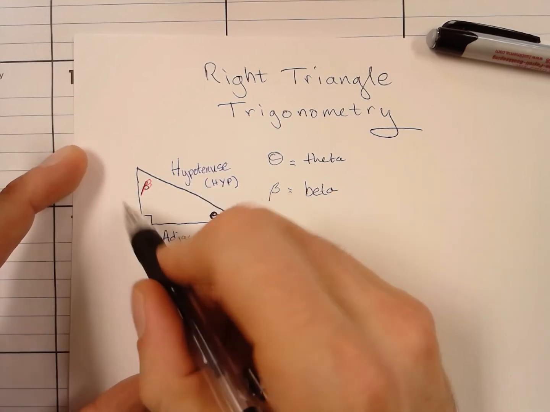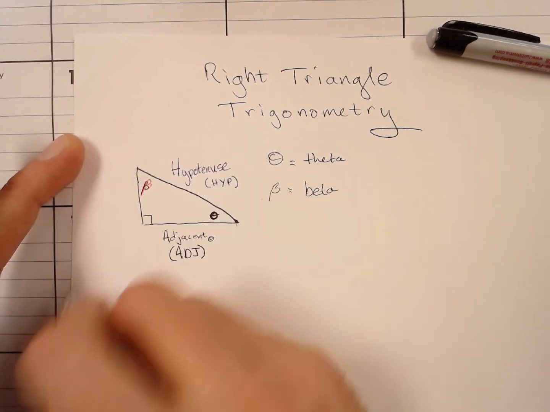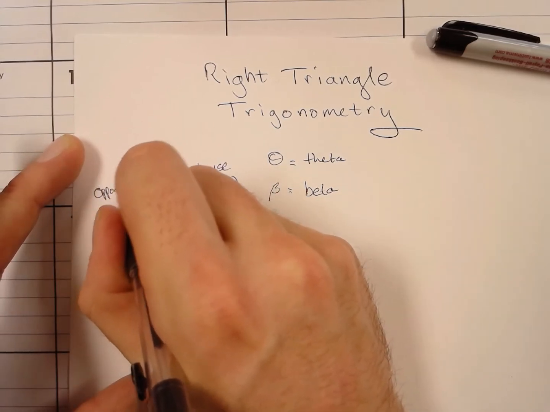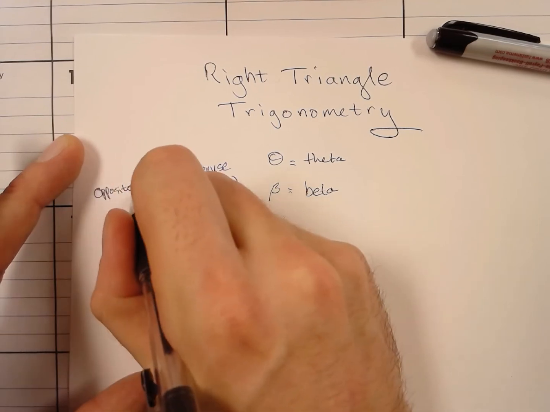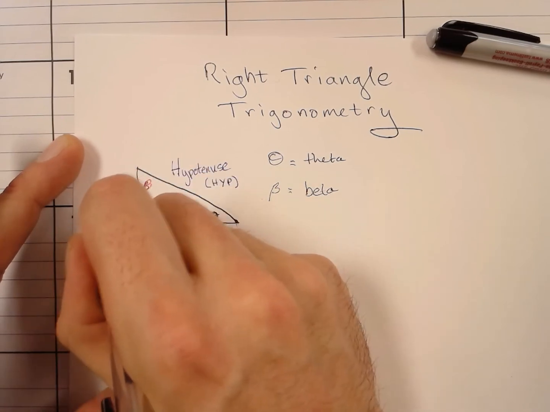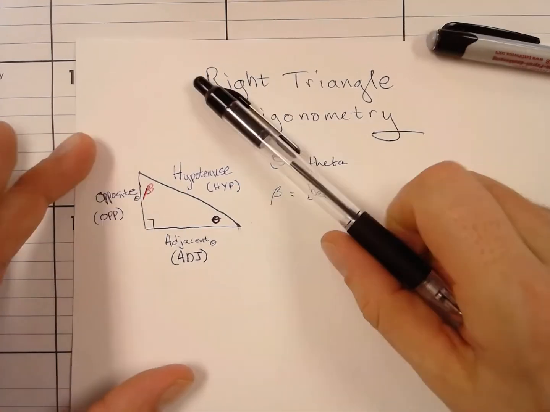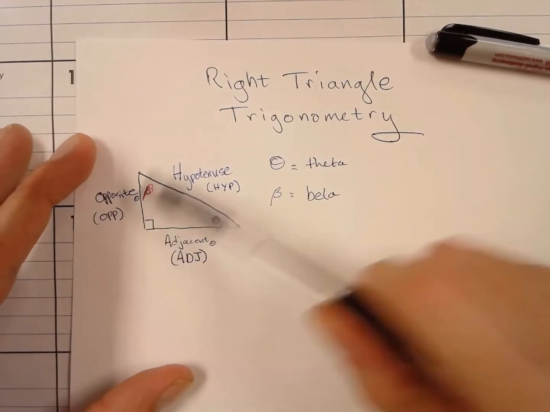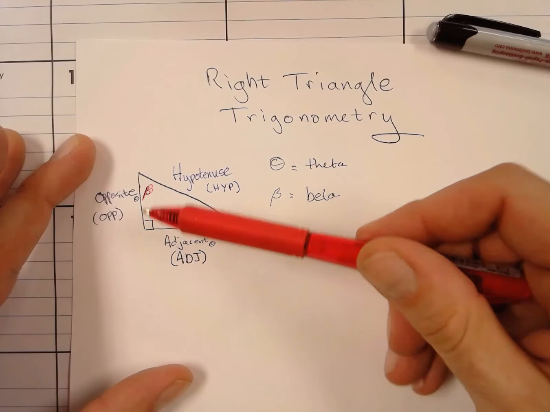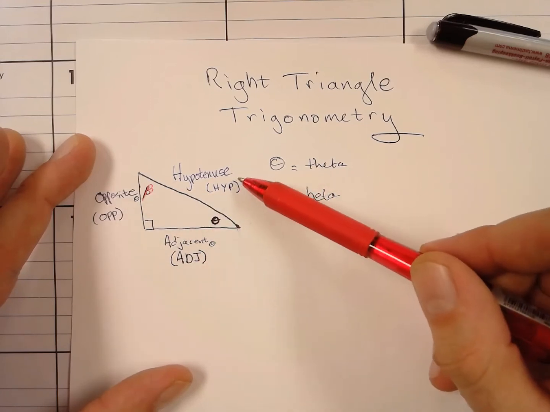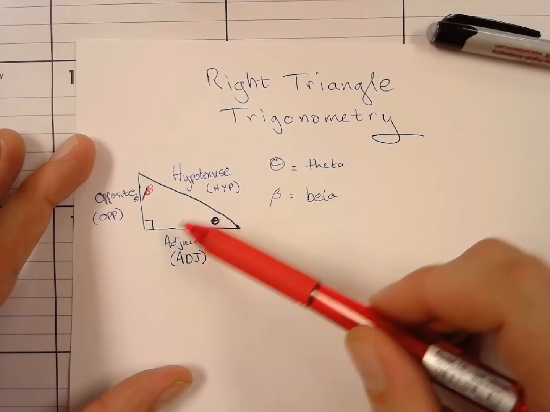And this side over here, that's the side that's going to be opposite theta, and we will abbreviate opposite OPP, just for abbreviation's sake. But if I, red pen time, orient myself here at angle beta, the hypotenuse is still the hypotenuse. It's always the hypotenuse.